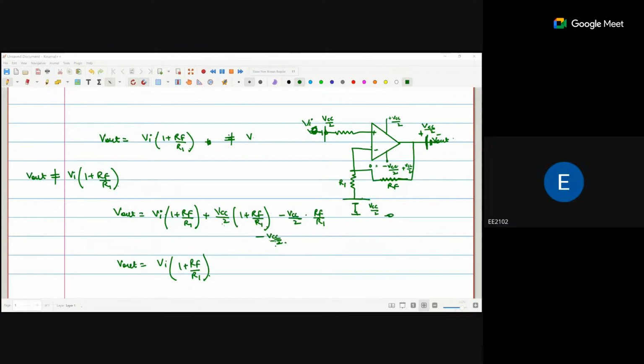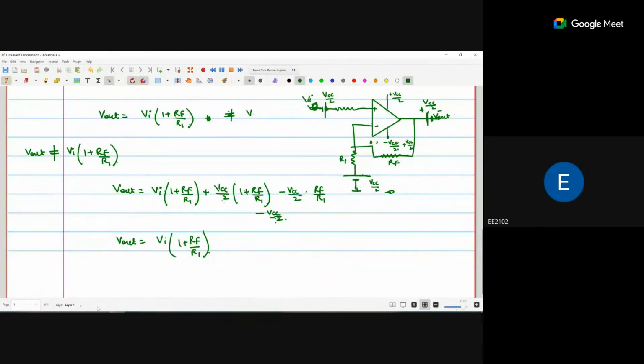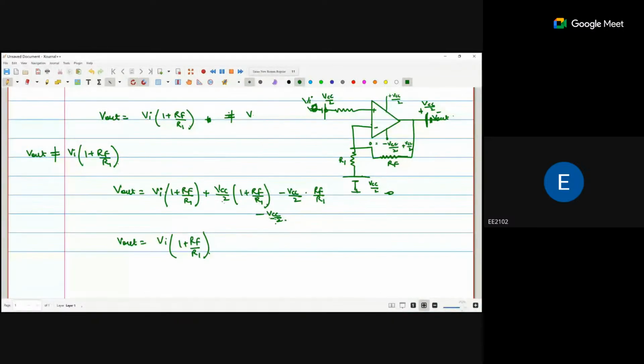The output also remains the same, no change. So there is no effect if all the grounds are at the same level.